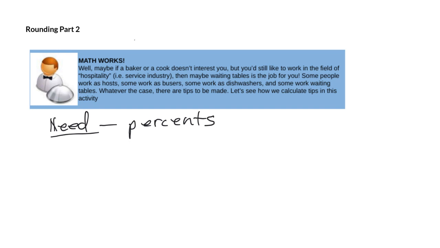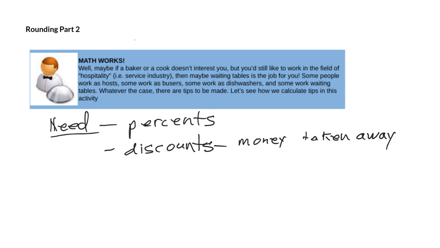And then within percents, we're going to need to be able to do the following. We need to be able to do discounts, which refers to money taken away from the price.